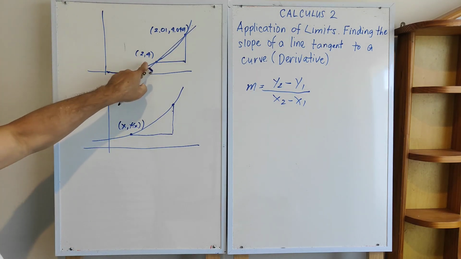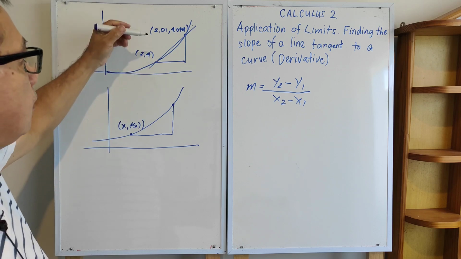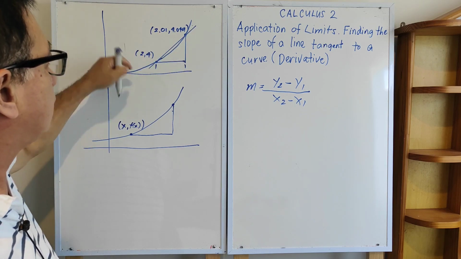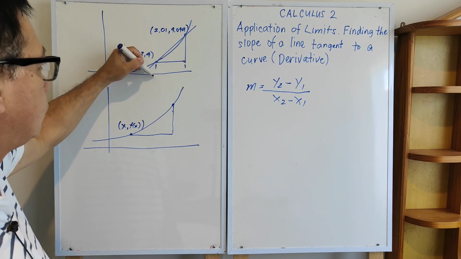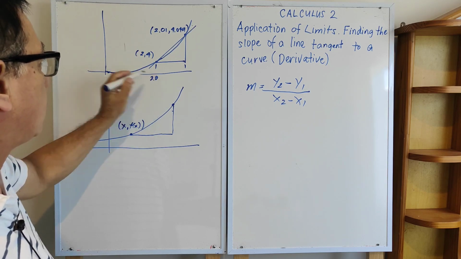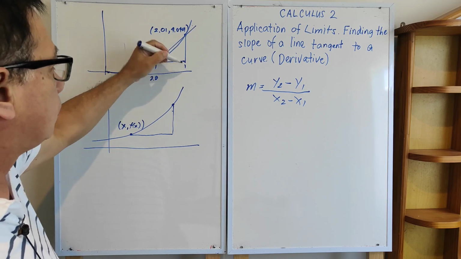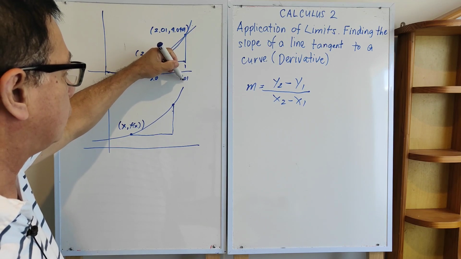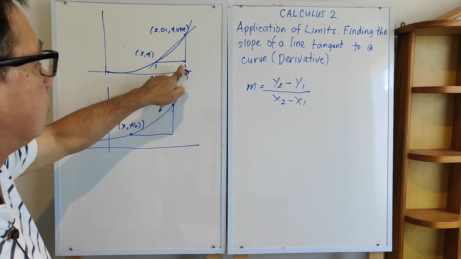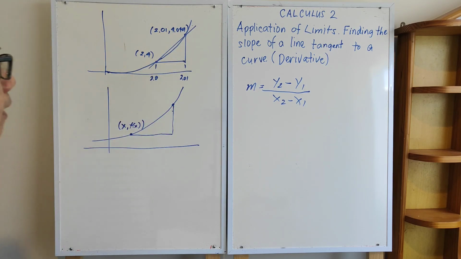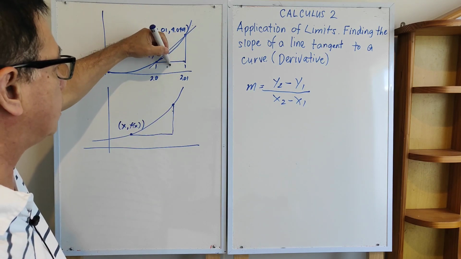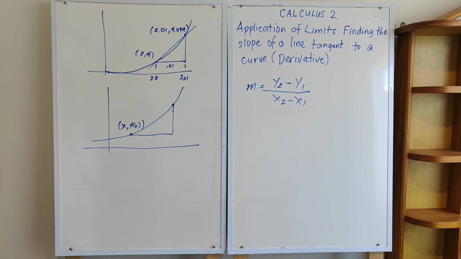This length from here to here is 2, but the length from here to here is 2.01. This is 2.01, 4.0401. Now that is a 0.01 length.